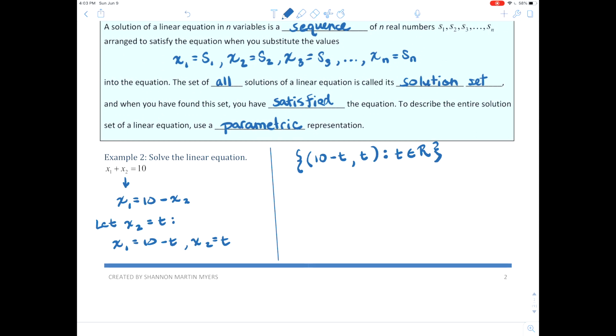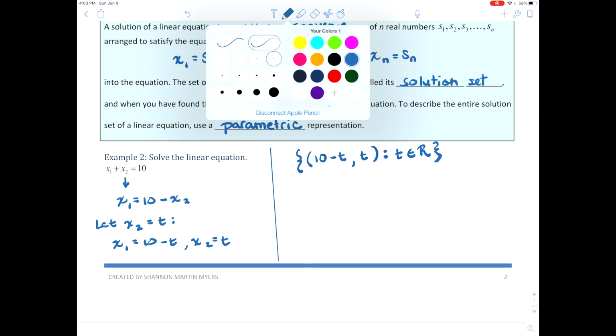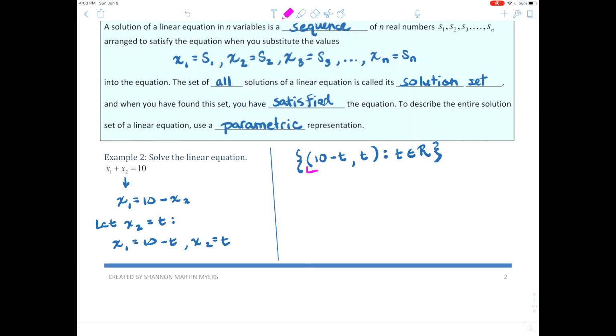So in this very first part here, we describe the form of the solution. So there's two things going on here.